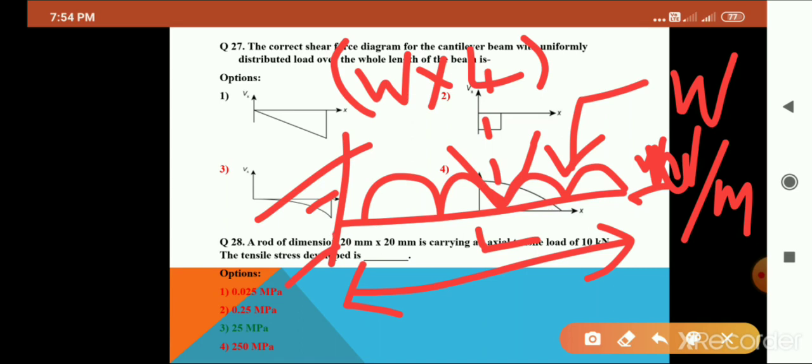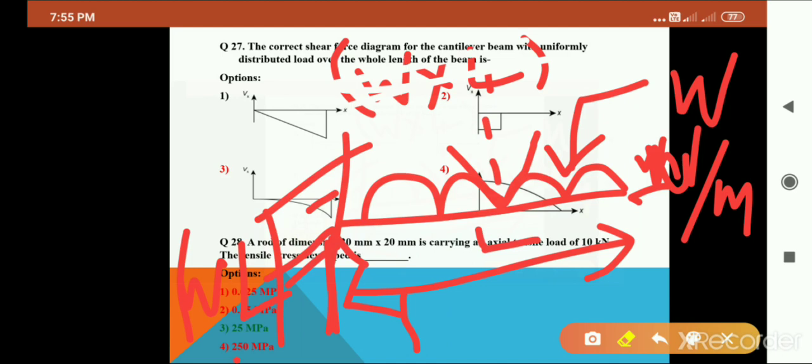At the fixed end, the resisting load will also become upward WL. So finally we have to draw the shear force diagram. Shear force is upward, first WL upward.